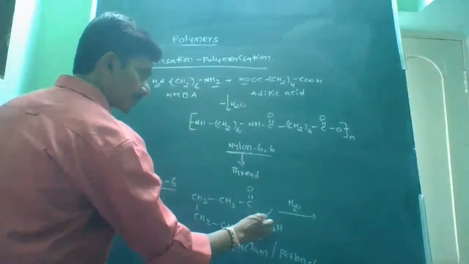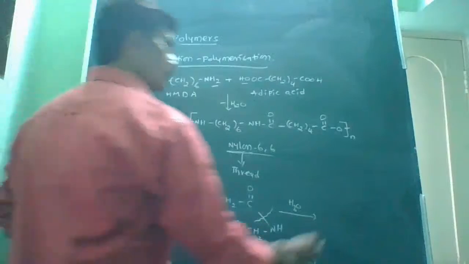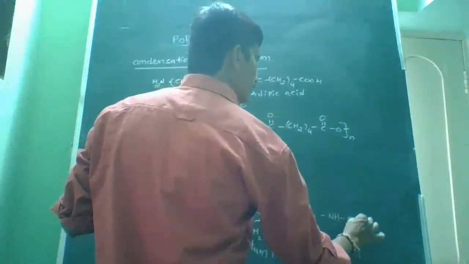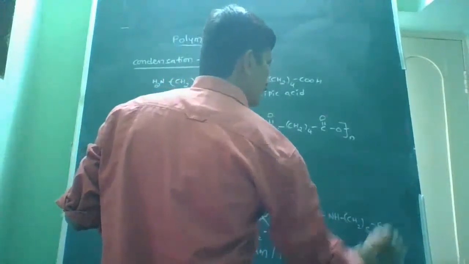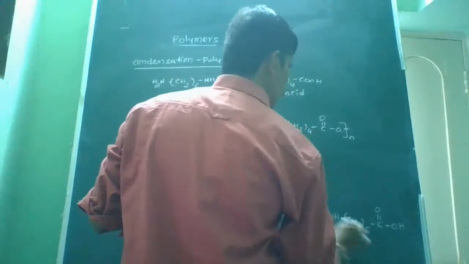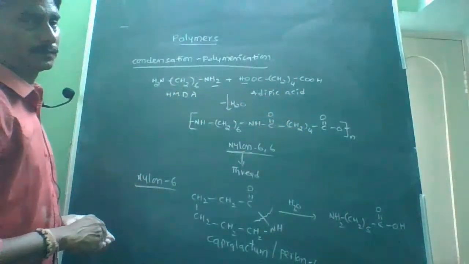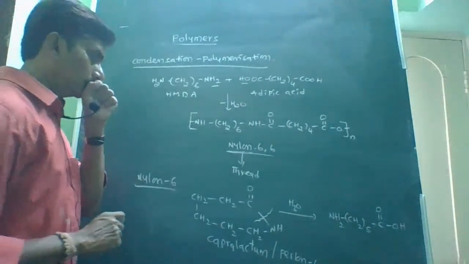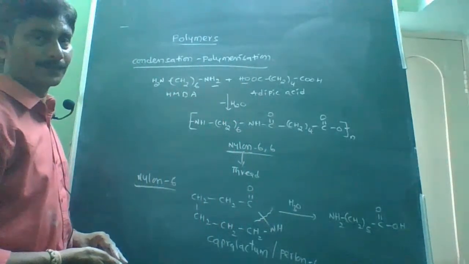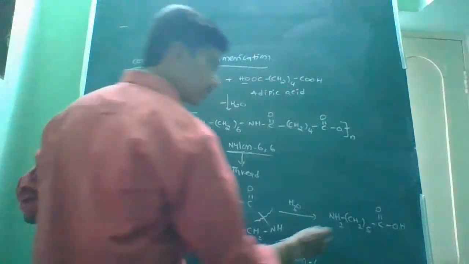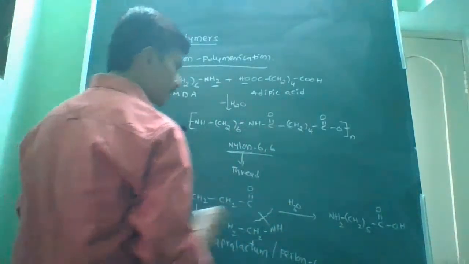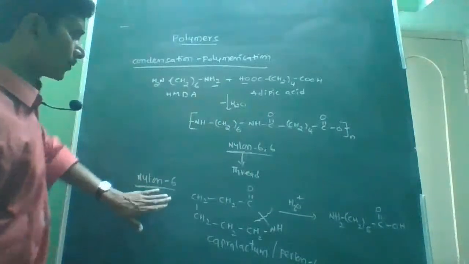This bond is broken with H2O. What is it now? 6-amino caproic acid. 6-amino caproic acid is the substance obtained by hydrolysis of caprolactam. It is what we call nylon 6.